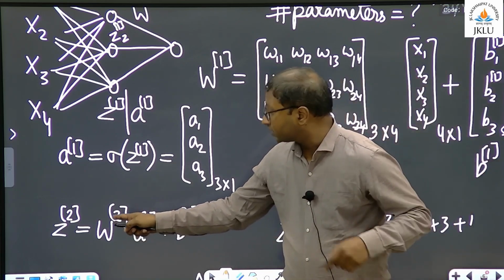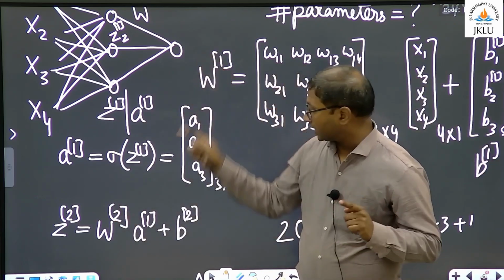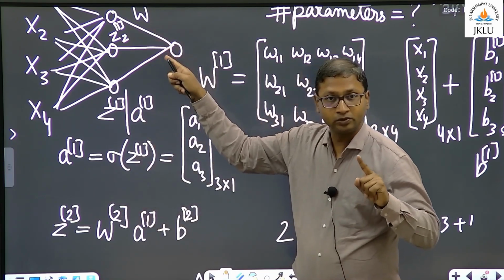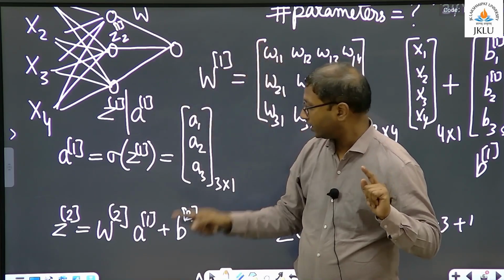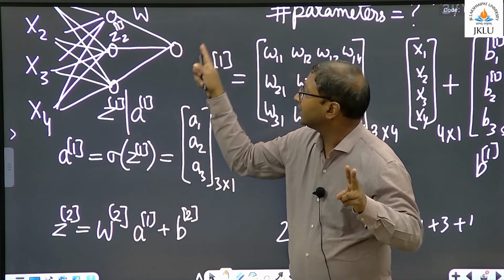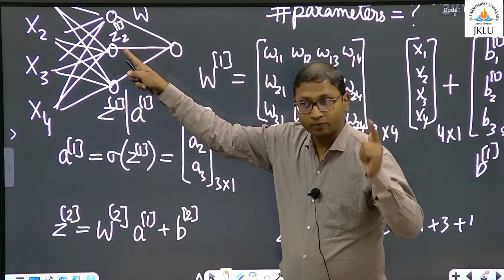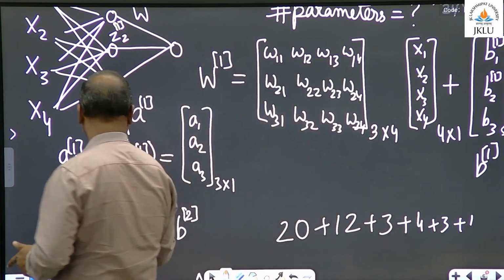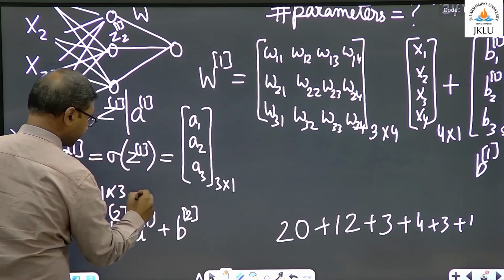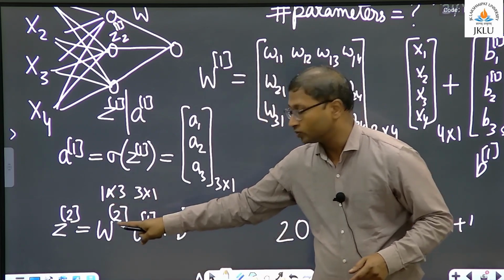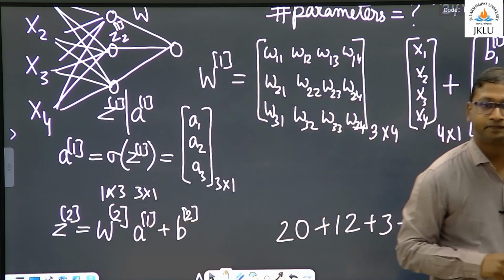So W2 will have 3 weights, W1, W2, W3. Now when you say W2, our convention is later cross previous. So 1 cross 3, this is 1 cross 3, this is 3 cross 1, they multiply to give you 1 cross 1, plus 1.